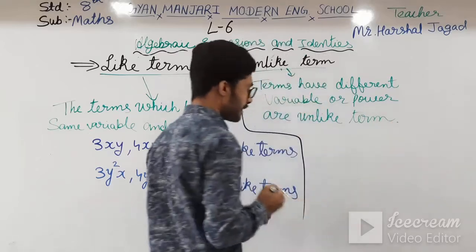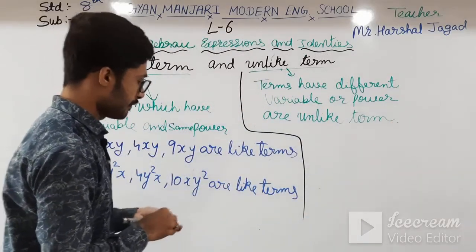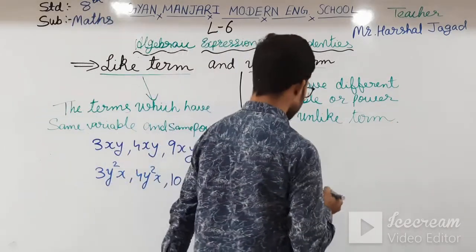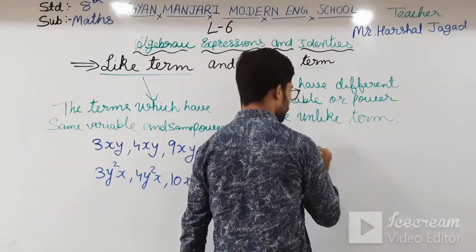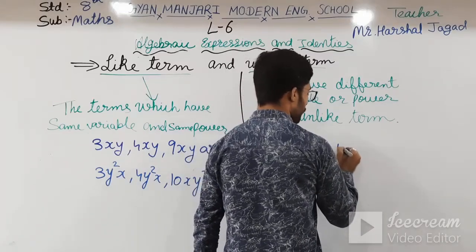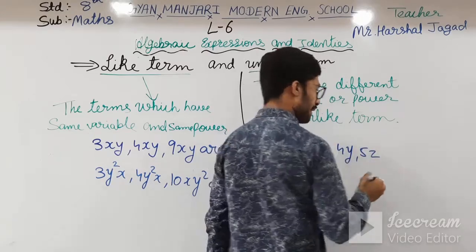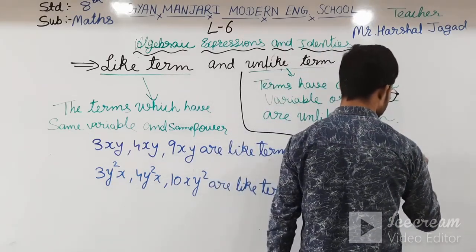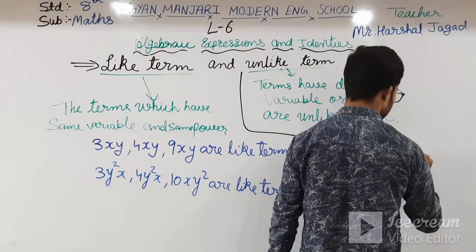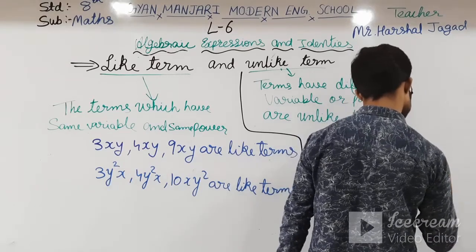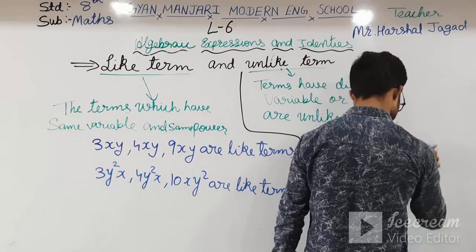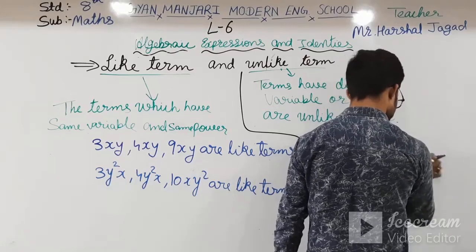Here are some examples. If we take 3x, 4y, 5z, they are unlike terms.